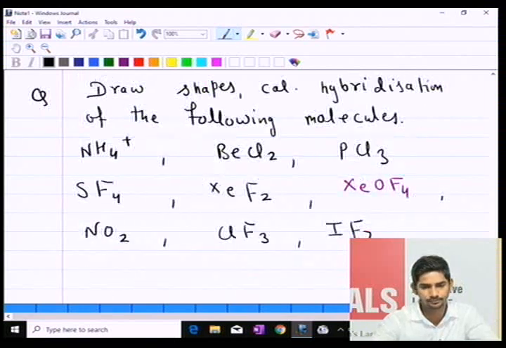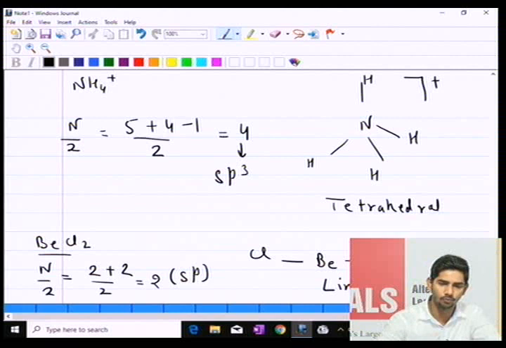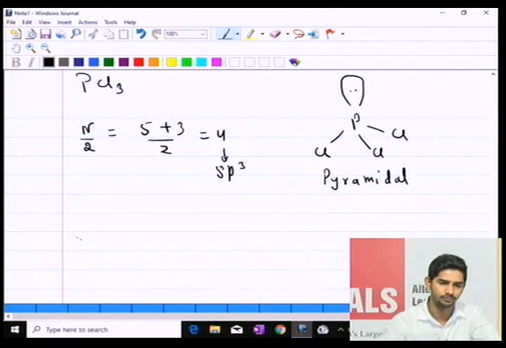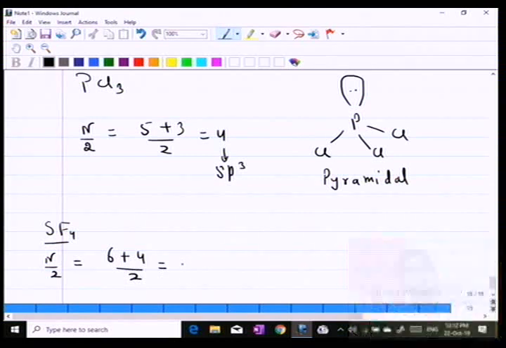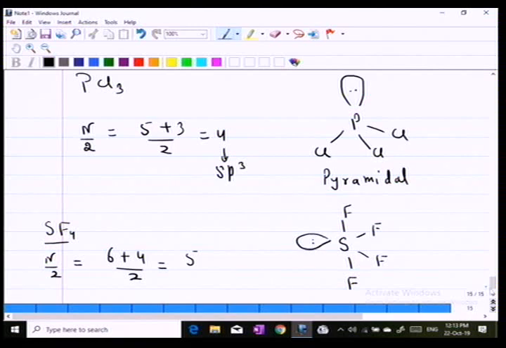Next, SF4. Sulfur 6, fluorine 4, by 2. I think we have discussed SF4. SF4 is already discussed, which is seesaw.